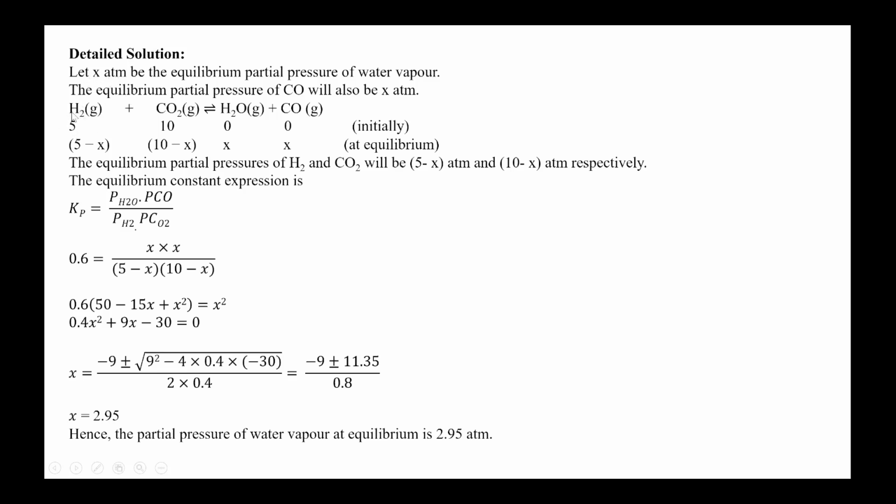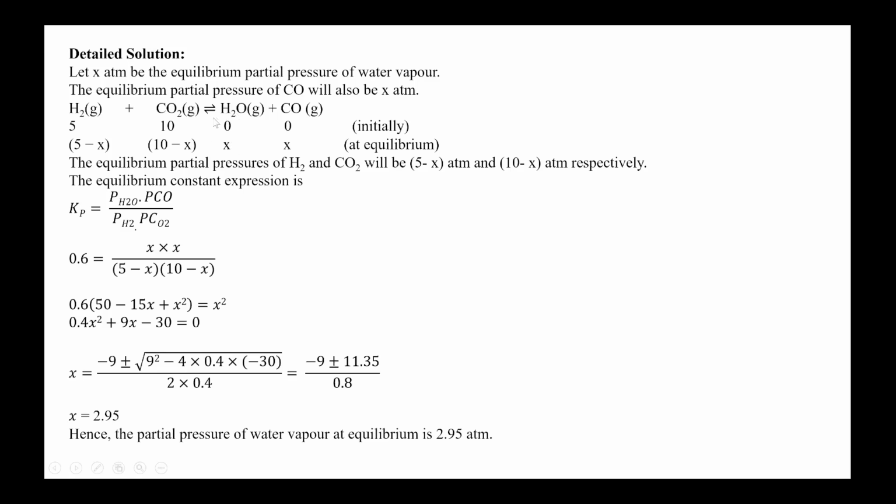We have the reaction H2 plus CO2 goes to H2O plus CO. Initially the pressure of H2 is given as 5 atmosphere, CO2 is 10 atmosphere, and I told you initially the pressures will be 0 for the H2O and CO, which are the products. At equilibrium, there will be some amount of H2 and CO2 consumed to form H2O and CO. So let's say X atmosphere is the pressure at equilibrium.